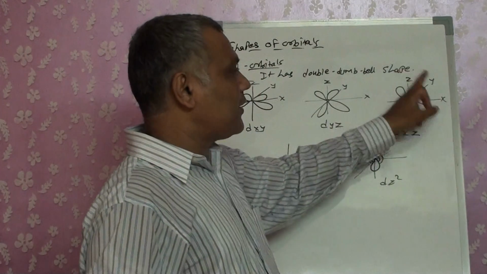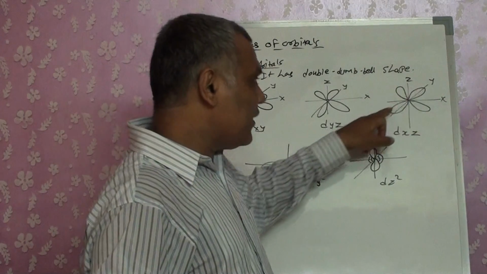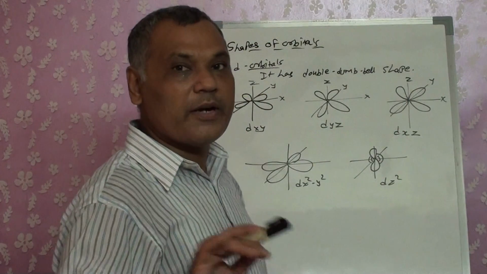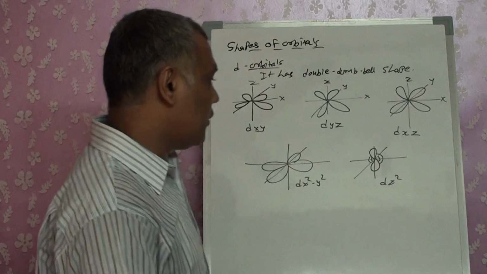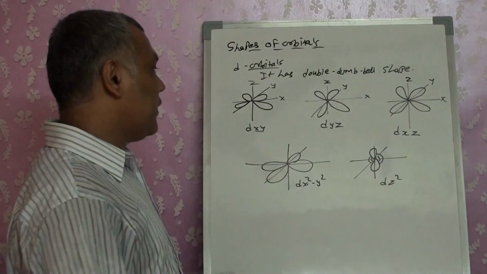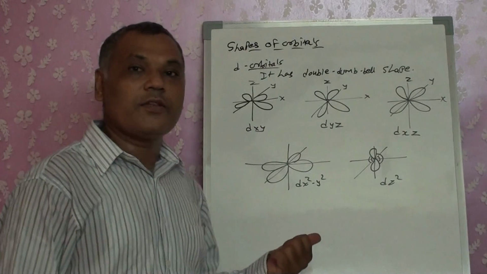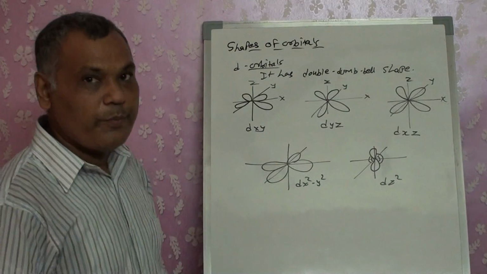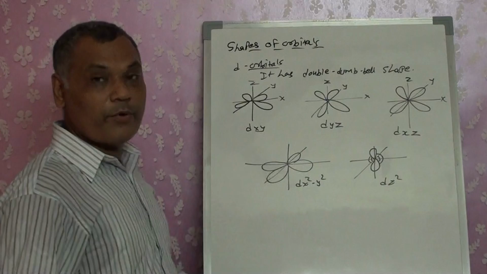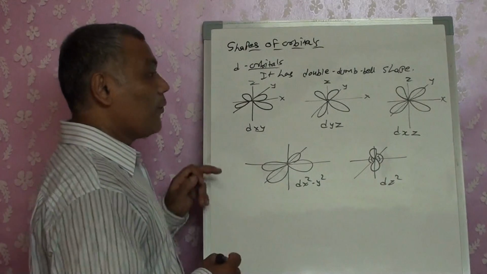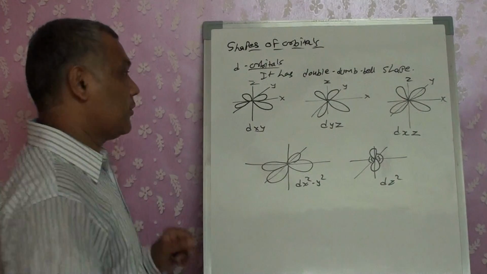So it is between X and Z. It only looks as if it's on Y, but it's not. Drawing the diagram is in 2 dimensions, while studying is in 3 dimensions. So make sure you don't have any problem with it. You will have to draw these diagrams.